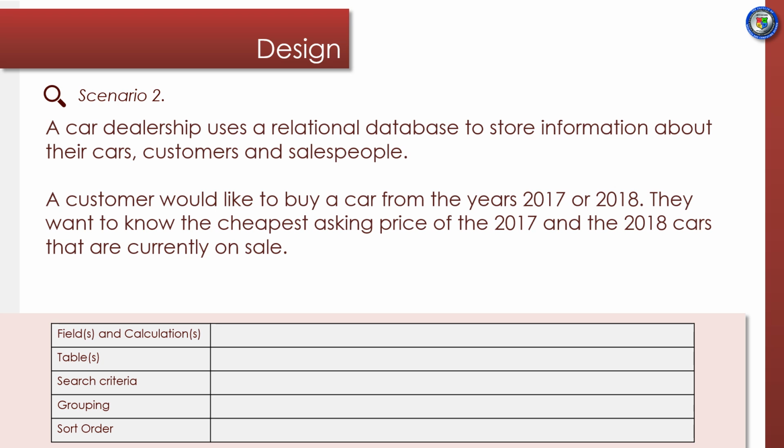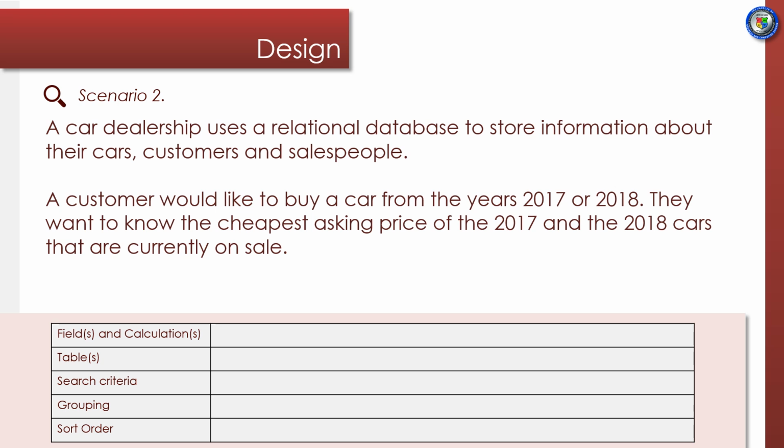Let's now look at scenario 2 and extract the key information from that scenario. Firstly, we'll read over the scenario. A car dealership uses a relational database to store information about their cars, customers and salespeople. A customer would like to buy a car from the years 2017 or 2018.